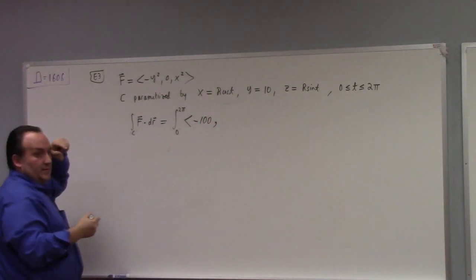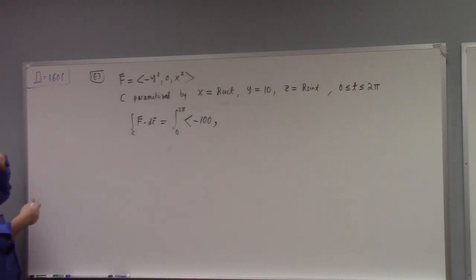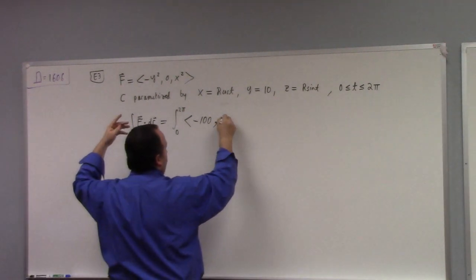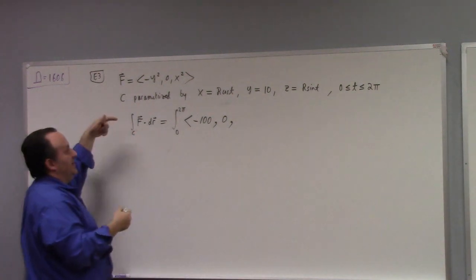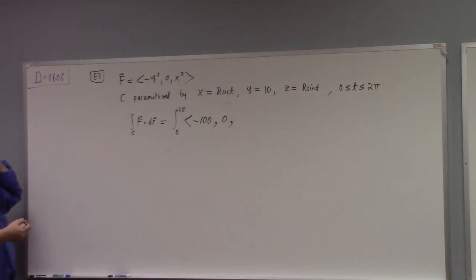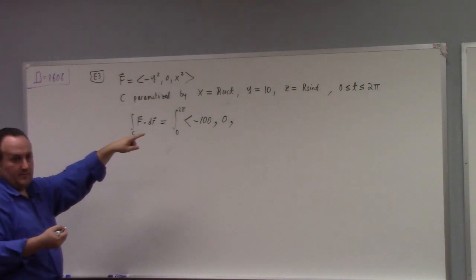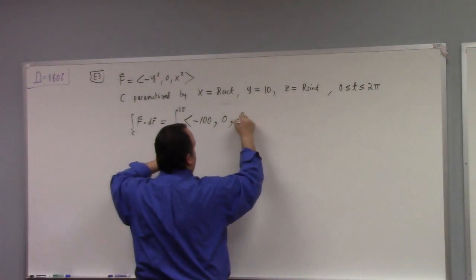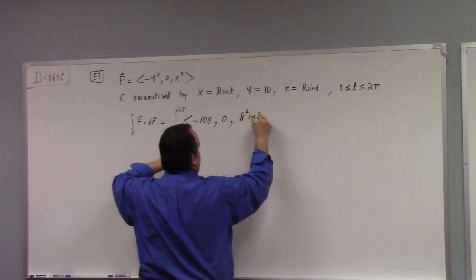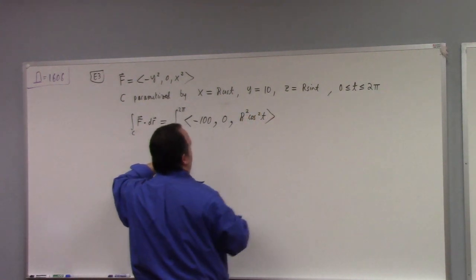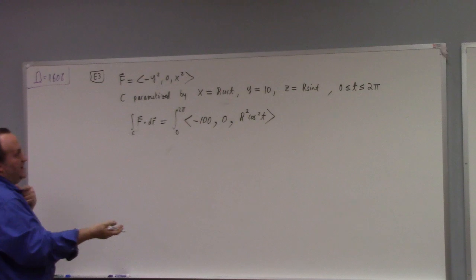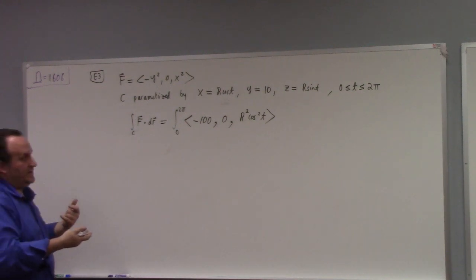Minus 100. 0 is 0. And then what's my x squared? Well, the parameterization here is x equals r cosine t, so I put r squared cosine squared t like that. And then I'm supposed to take the dot product with the velocity of the parameterization, which is what here?